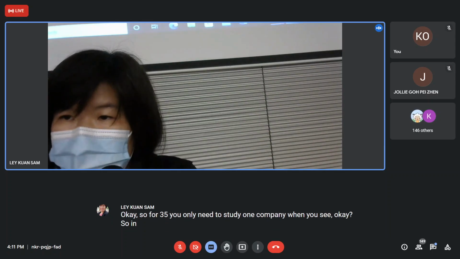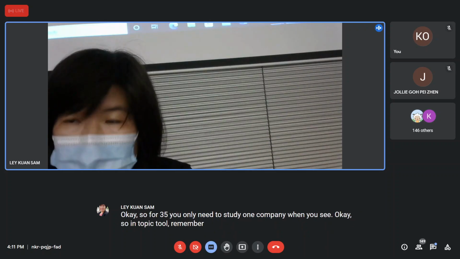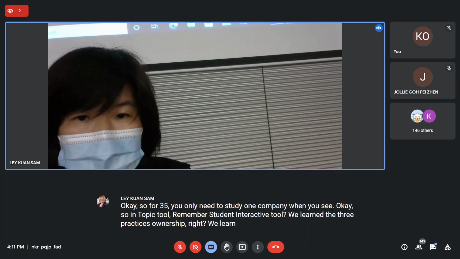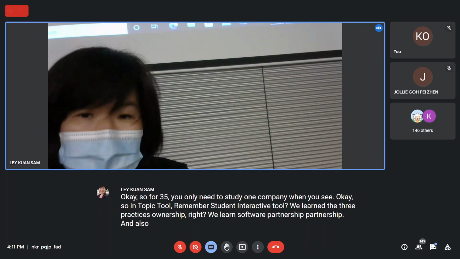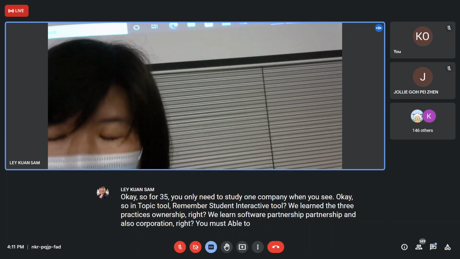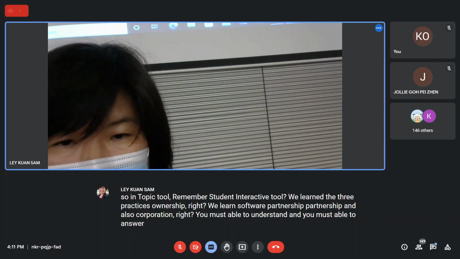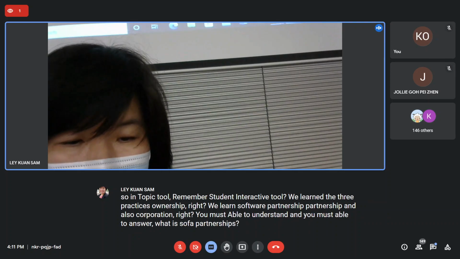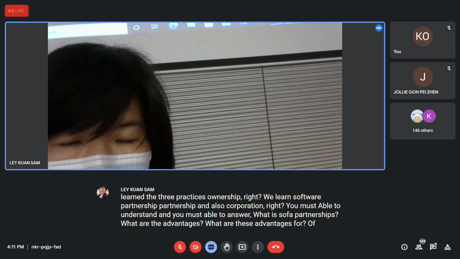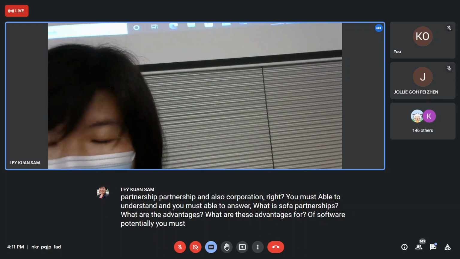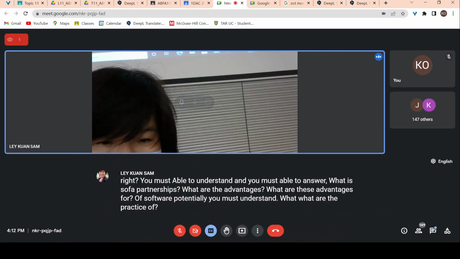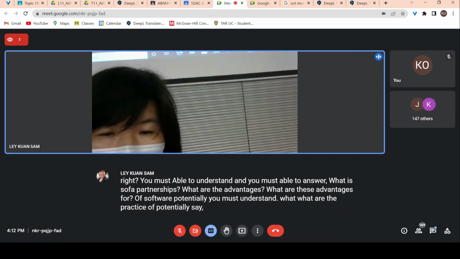In topic 2, remember, we learn the 3 types of business ownership. We learn sole proprietorship, partnership, and also cooperation. You must be able to answer what is sole proprietorship, what are the advantages and the disadvantages. You must understand the characteristics of partnership, and its advantages and disadvantages.